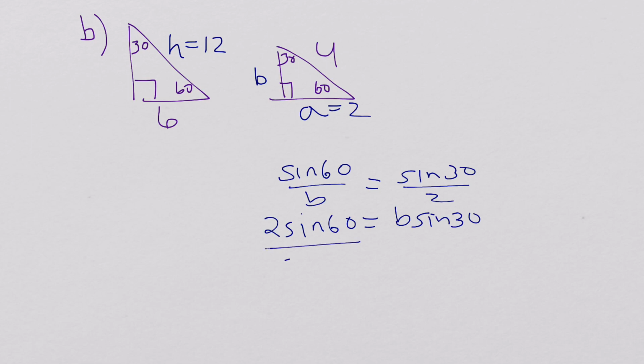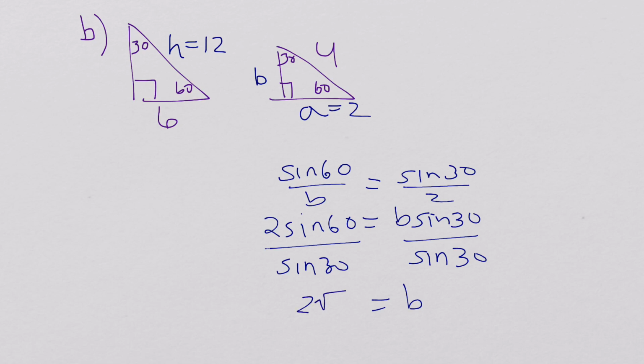Divide both sides by sine 30. And I have b equals 2 sine 60 divided by sine 30.